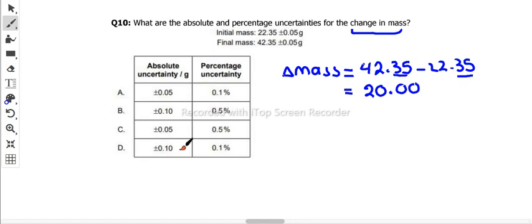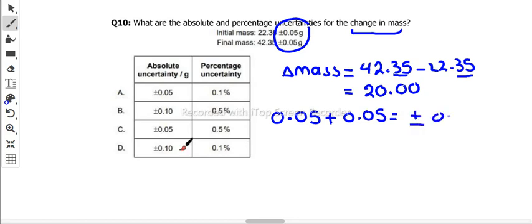The question is asking me to find out the absolute and the percentage. Whenever you are subtracting or adding, what we're going to do for both uncertainties, according to the rule, is add them. So 0.05 plus 0.05, it will be plus minus 0.1 as an absolute uncertainty in grams.